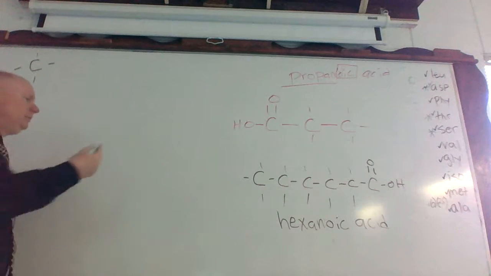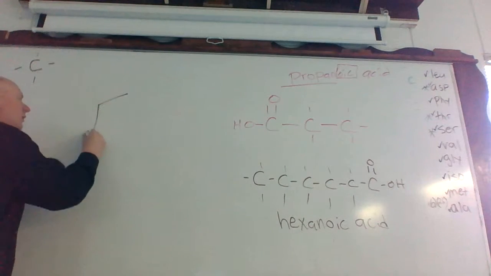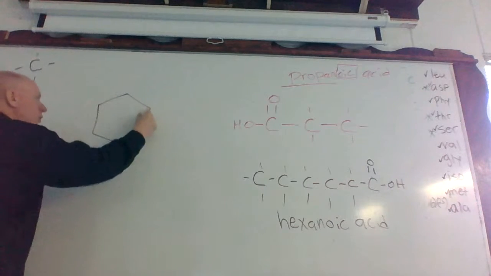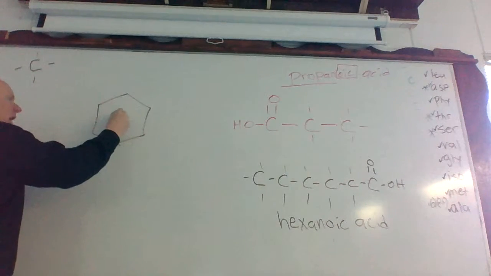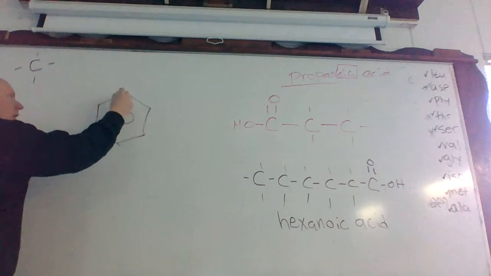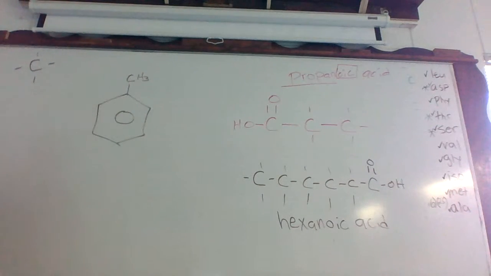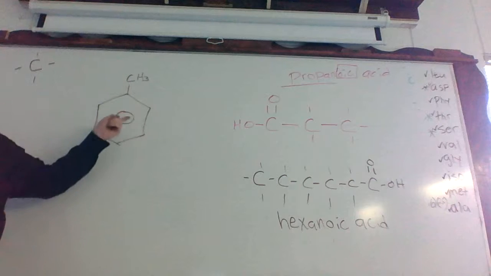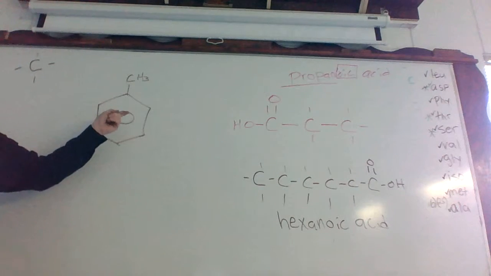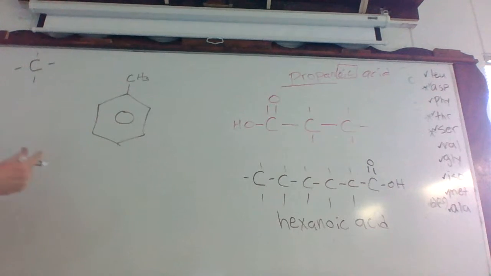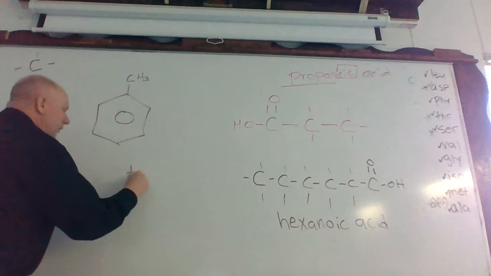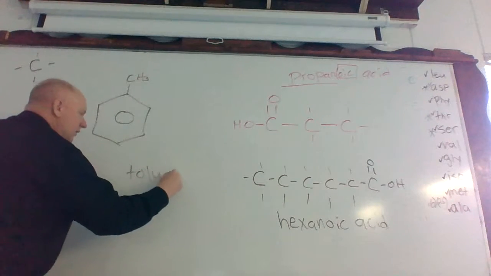Okay? So, again, for some of you who go on to take organic chemistry, you could call that methylbenzene. That's the scientific name. You could also call it toluene. That's a common name. Okay, so toluene.